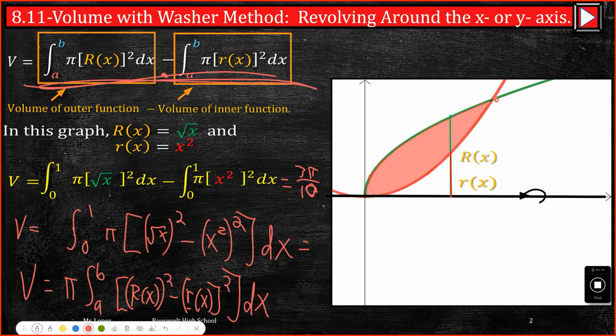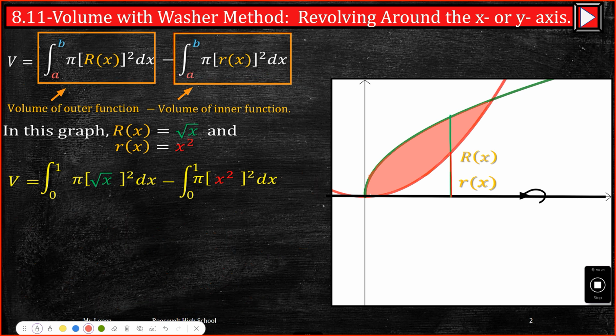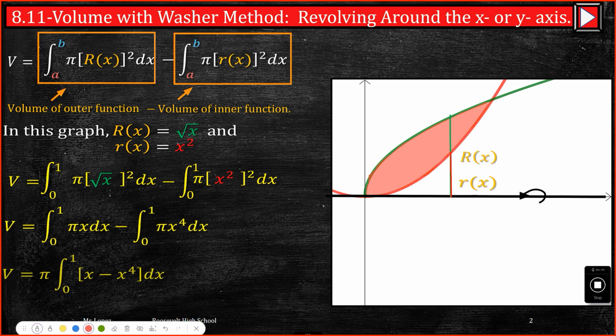You could factor out the pi, integral from a to b, whatever those lower and upper bounds are, and then take the difference between the outer and the inner function, but it's pi r squared, so each one of them has to be squared, and dx. And then if you revolve it around the y, then everything turns into r of y, dy. That is the lesson for today, basically. That's it.